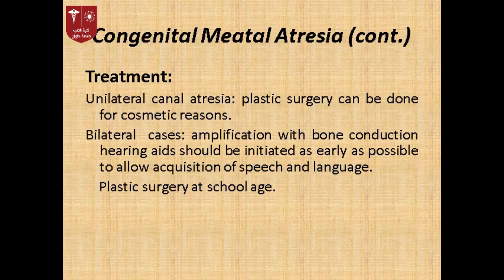The plastic surgery will be done at school age, and in case the meatal atresia is accompanied by microtia, we usually correct the microtia first and then the canal atresia. So we do the auriculoplasty first and then it's followed by the canaloplasty.